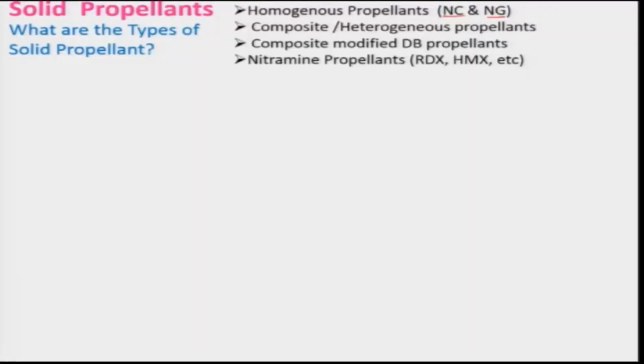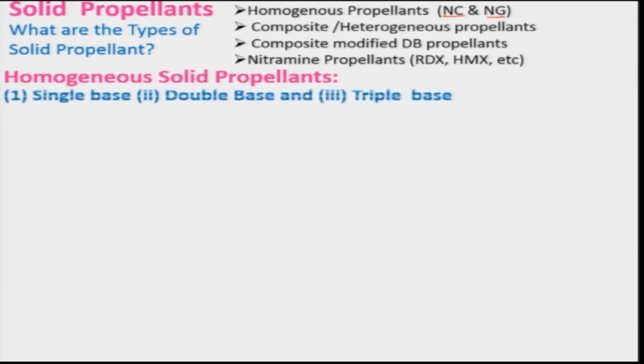We will now discuss one by one all these four kinds of solid propellant, and as I told earlier, homogeneous solid propellant can be broadly divided into single base, double base and triple base. Single base propellant is one with a single constituent that can be used as a propellant, as it contains both the fuel and oxidizer.